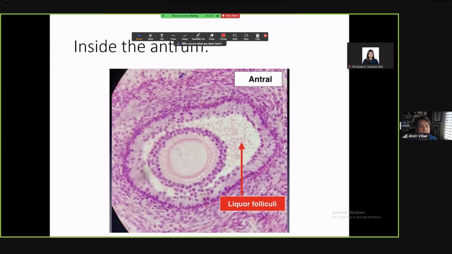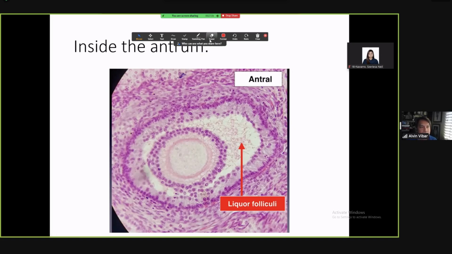Inside the antrum is a fluid, and we call the fluid liquor folliculi or follicular fluid. The stage of development again, the whole structure, is an antral follicle.